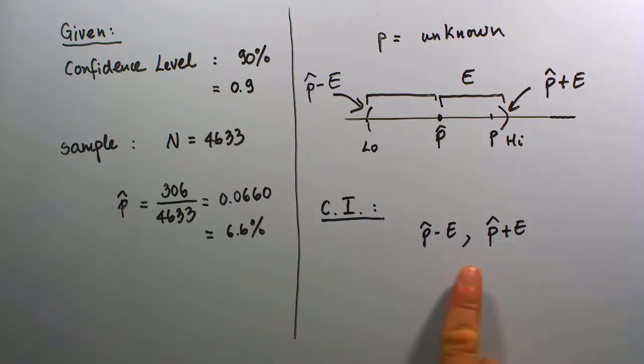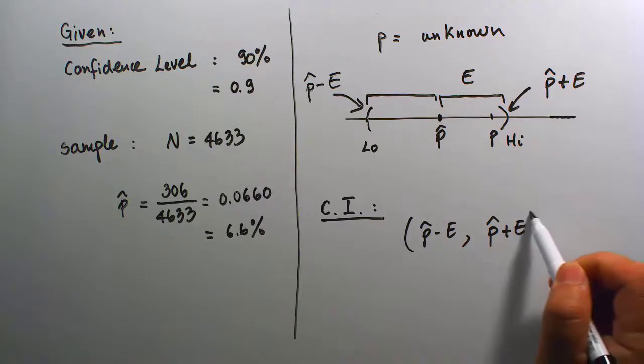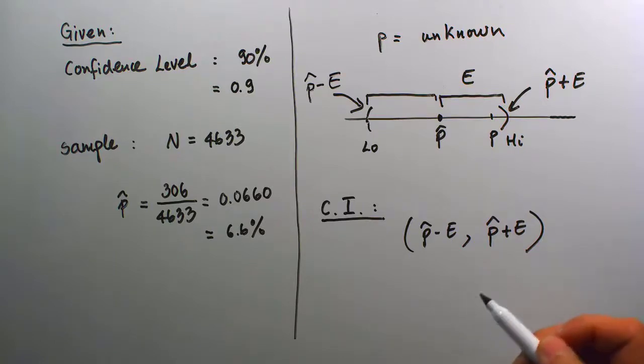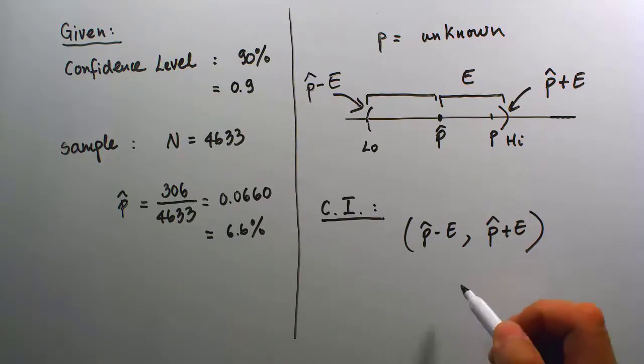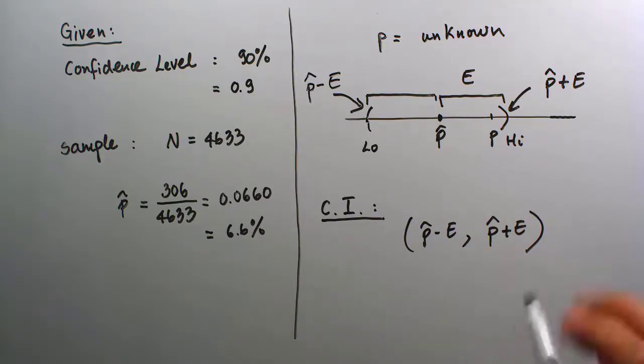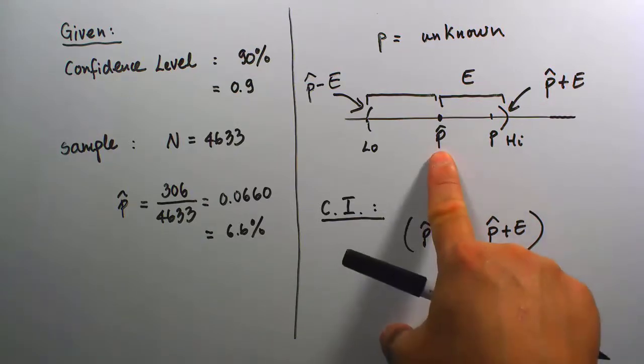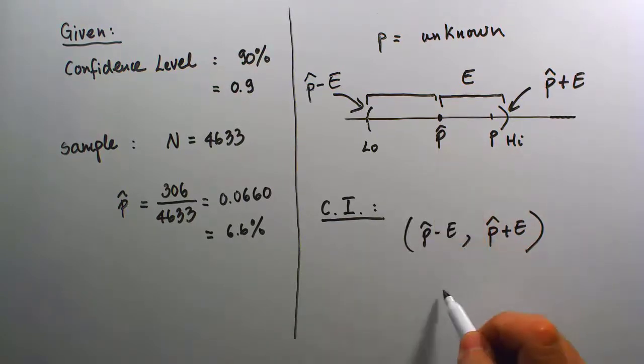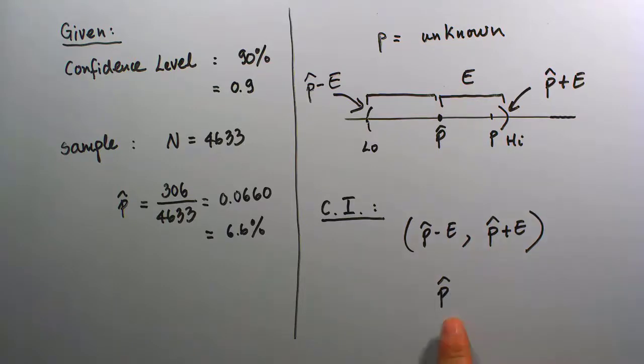And in traditional format, low end comma high end inside a pair of parentheses, that is an interval. But among statisticians, a more common way of expressing the interval, and you can see that p hat, our current sample proportion value, is exactly in the middle, is this form I'm about to write.